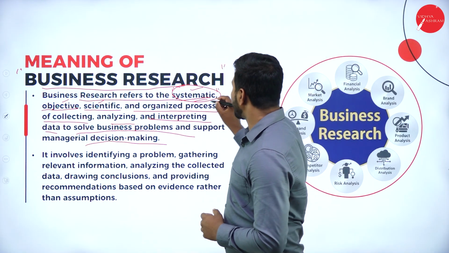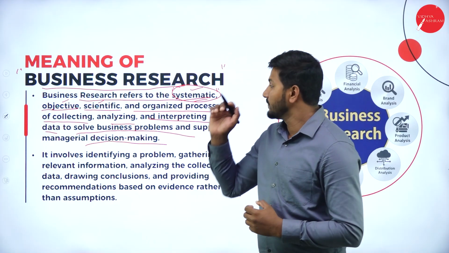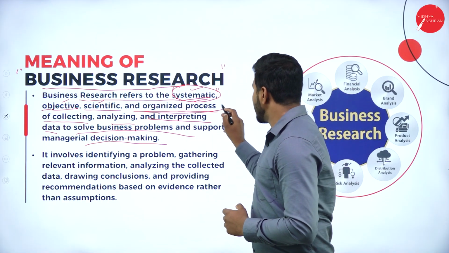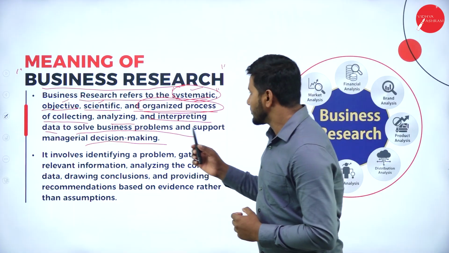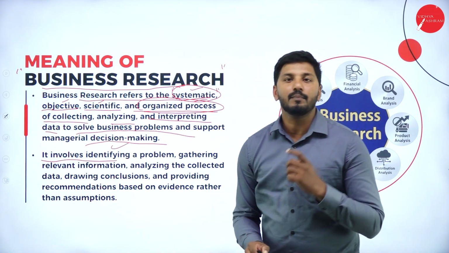So it's very important that we are not collecting data with random procedures. There will be a systematic, objective, scientific and organized procedure included in the business research method. It also involves identifying a problem.